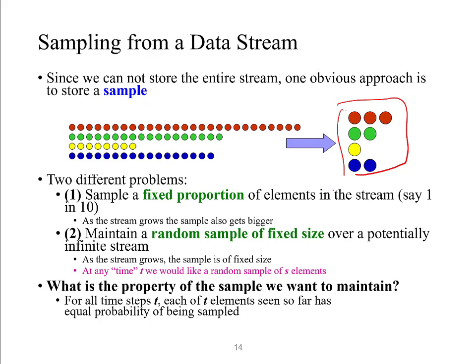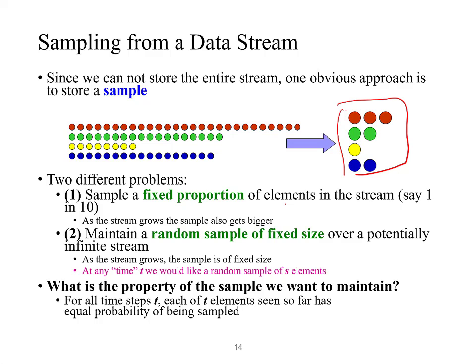Right. So there are 2 different sample problems. One is that we sample a fixed proportion of elements in the stream. For example, 1 in 10 means we keep 10% of the elements in the stream.